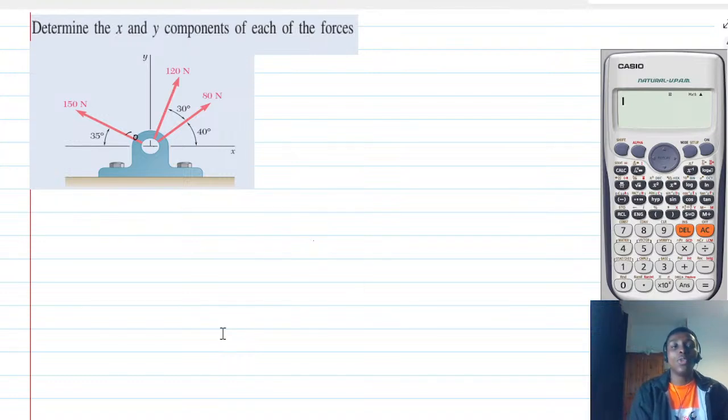All right, so let's move to resolution of forces. So determine the x and the y component of this force.